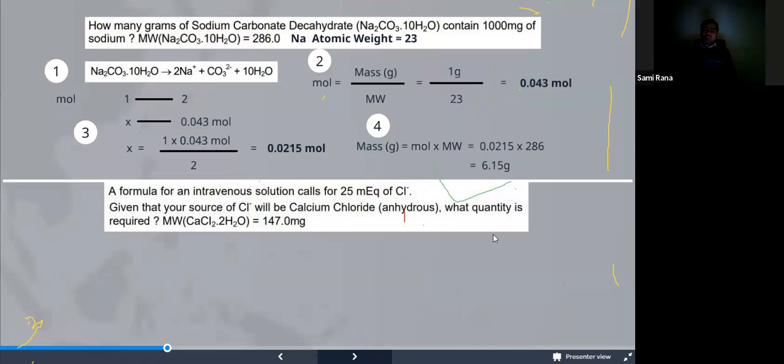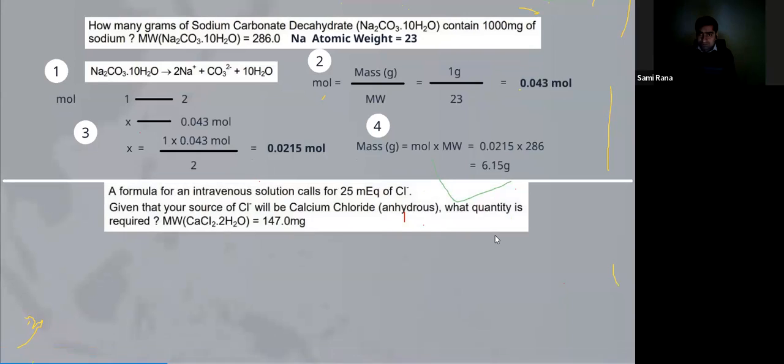The second question is going to be about MEQs, milliequivalents. Now, I have told you if the valency is equal to 1, the milliequivalent is equal to millimole, or equivalent is equal to mole, if the valency is 1. And in this question, as we see, we are talking about chloride ion. In chloride ion or chlorine, we can say the valency is 1.